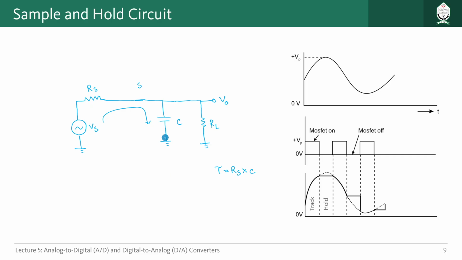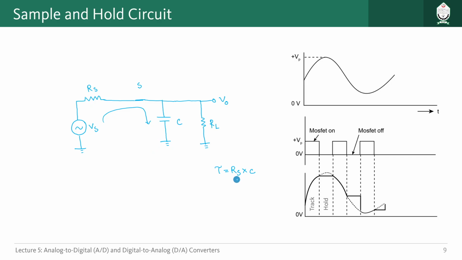So if that is the case, ideally in this case we want this capacitor to get charged instantaneously without any delay, because we want to track the input voltage exactly, without any kind of lag or delay. If that is the case, ideally the time taken for it to get charged should be 0, right? It should instantaneously get charged.